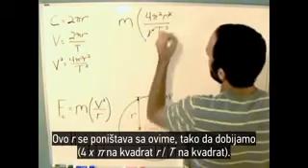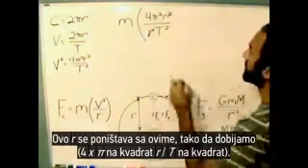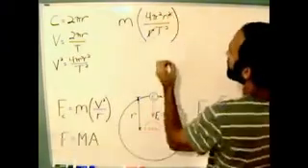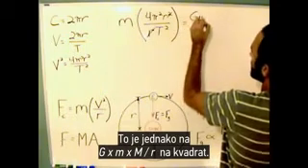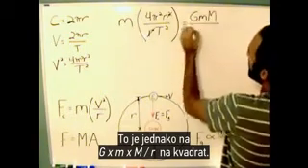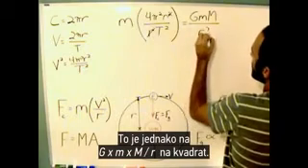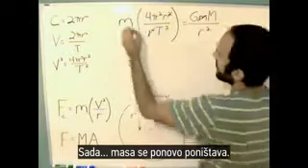This r cancels and that r cancels, so you get 4 pi squared r over the period, big T squared. Then set that equal to big G times little m times big M, mass of the Sun, divided by r squared. Now, mass cancels again.